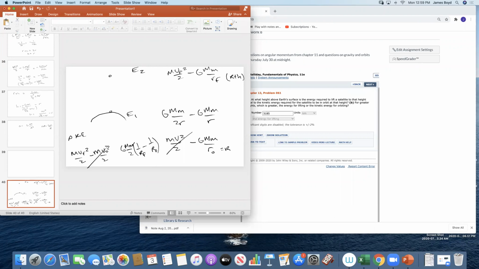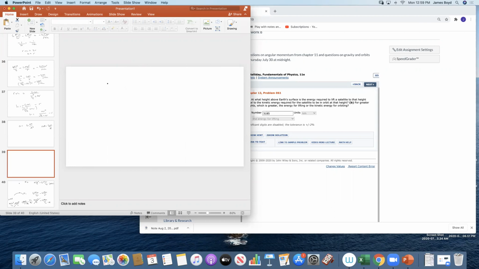And the change in potential energy is GMm, R final with a minus sign, minus a minus GMm over R initial, okay? And that is GMm times 1 over R initial minus 1 over R final.